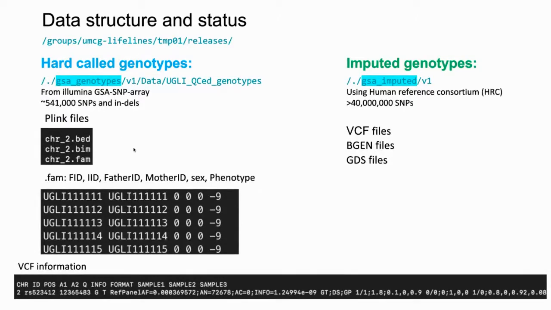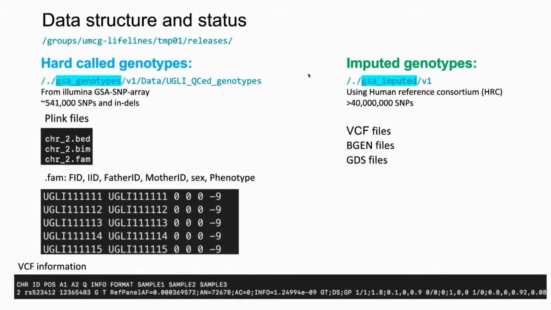It's not intelligible, but machines do that. So this is how a FAM file would look. It has a family ID, individual ID for each sample, and then sex and phenotype. This is, of course, all in zeros, so you really don't see that information here, but you could.